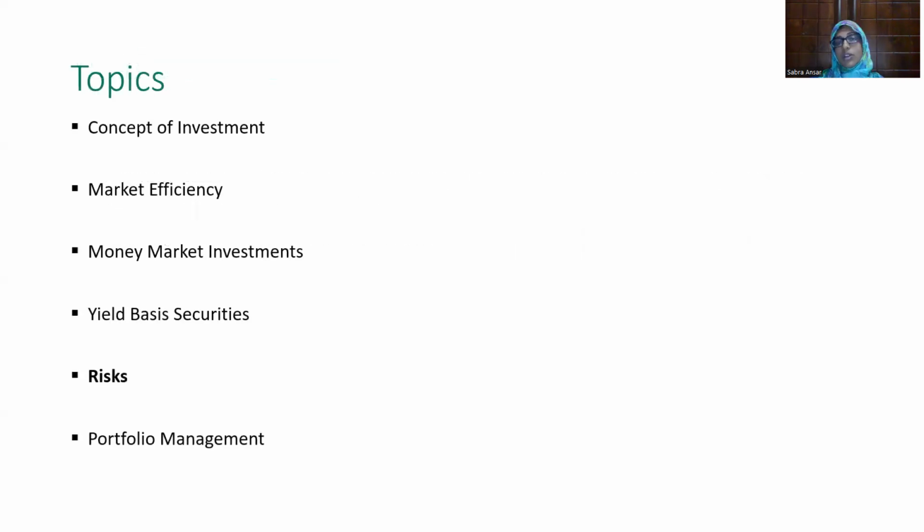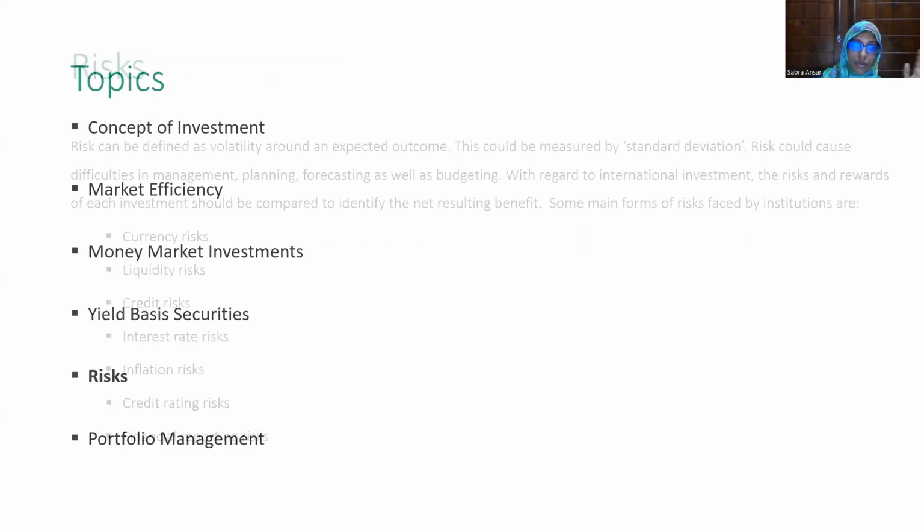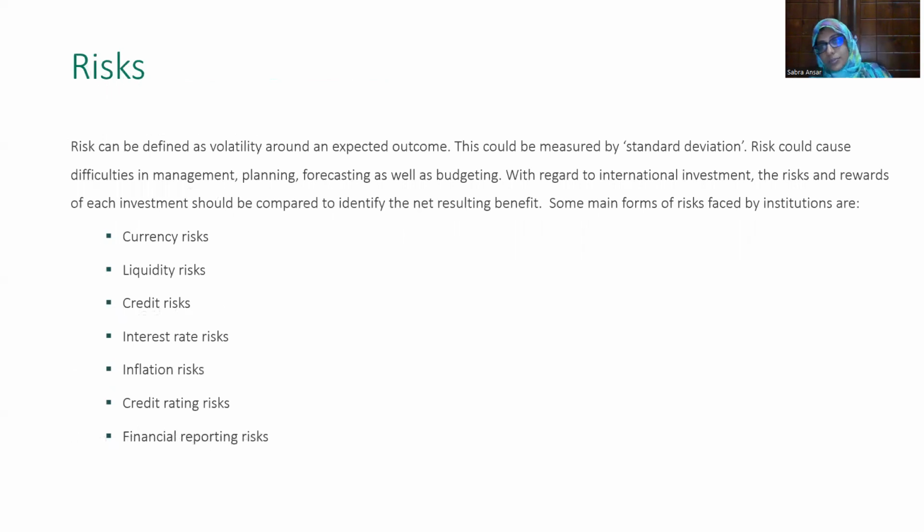So moving on, we are going to talk a little bit about risk. Now, what is risk? Basically, risk is volatility around any type of expected outcome, and it is measured using a method called standard deviation.